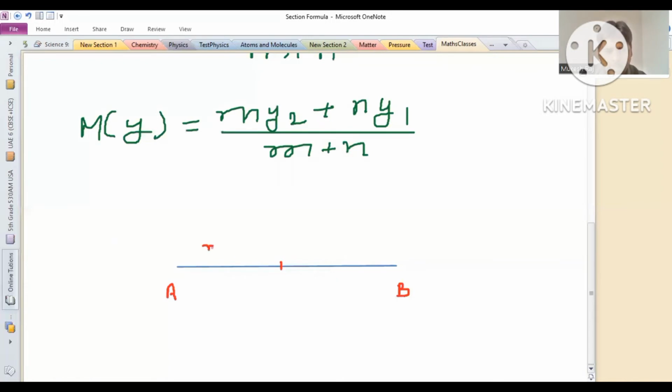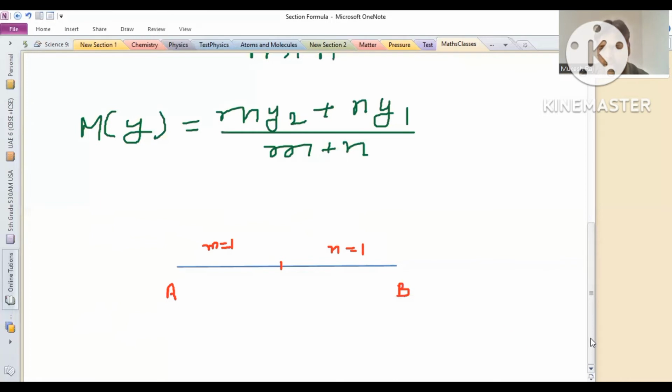Now here also this line segment has been divided in the ratio m is to n, but the difference is that since these two are equal halves, the value of this is going to be 1, and even for this it is going to be 1. And respectively, by putting all the values for the respective points in the ordered pair, that is A x y and B x y, you will be able to obtain this value.